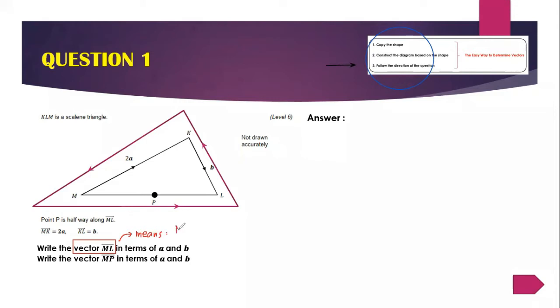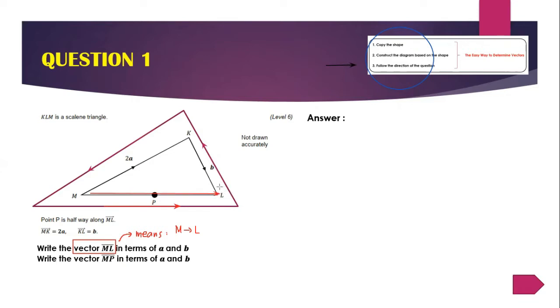This is the direction. So you have to follow the direction based on the constructed shape that you already drew on the scalene triangle. So the direction of your construction is from M to L. That's correct. From M to L.